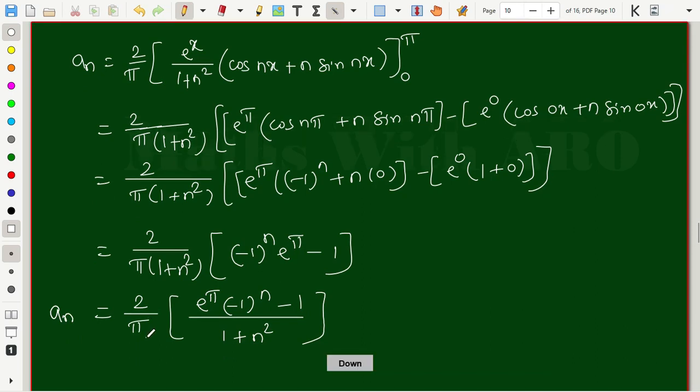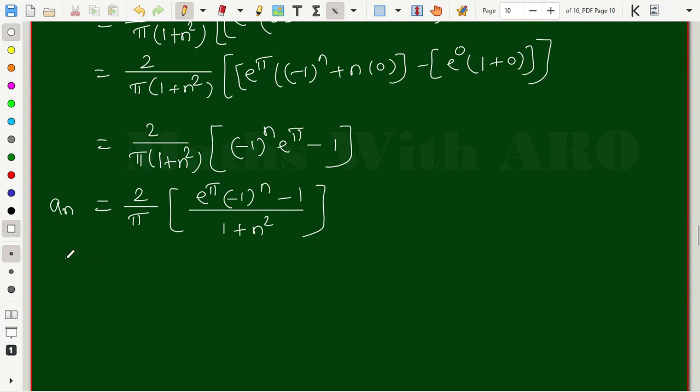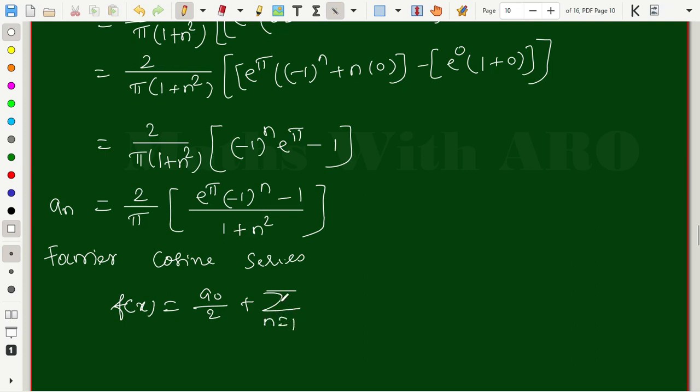Now we are going to substitute the value of a naught and an in our formula. That means Fourier cosine series. Once again I am going to write the formula. Fourier cosine series f of x is equal to a naught by 2 plus sigma n is equal to 1 to infinity an cos nx.